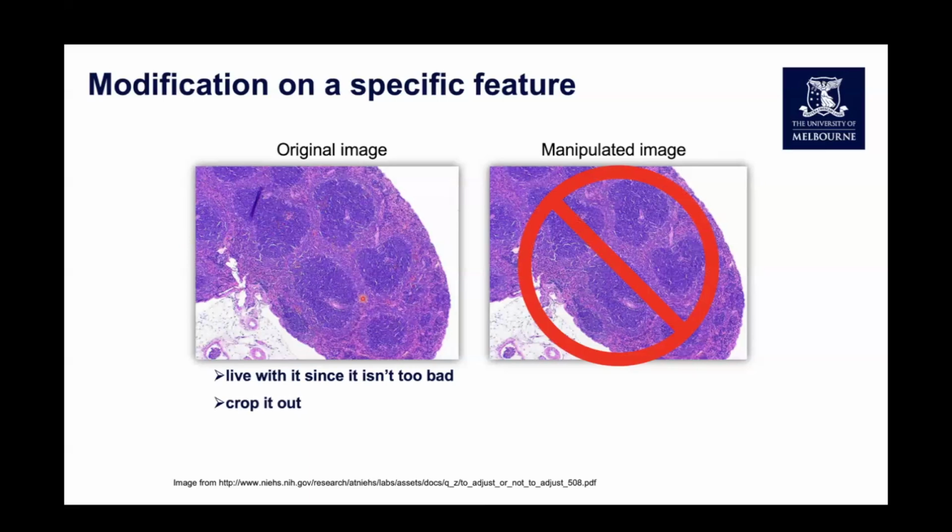Or if what you're interested in is over here, you can just crop it out so it's not within the image anymore. Or if it is important, you should have a tissue block, which you can go back to, take another section, try and find one without a fold in it, and use that for your final figure.